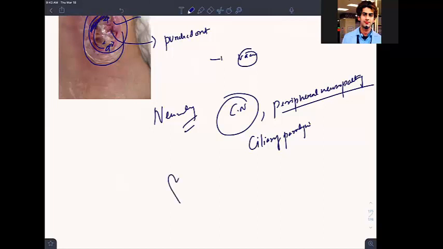If I talk about the heart, it will lead to what? Myocarditis. Okay. This is all about the pathogenesis of this bacteria.